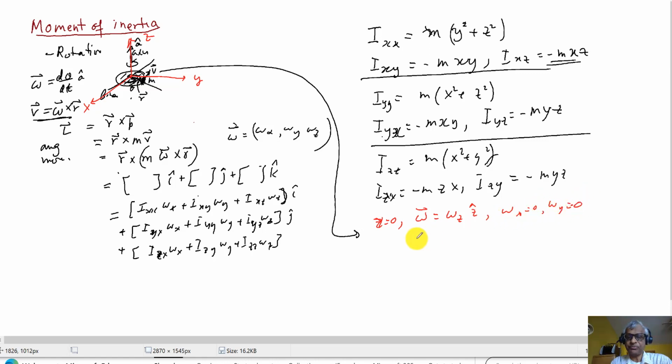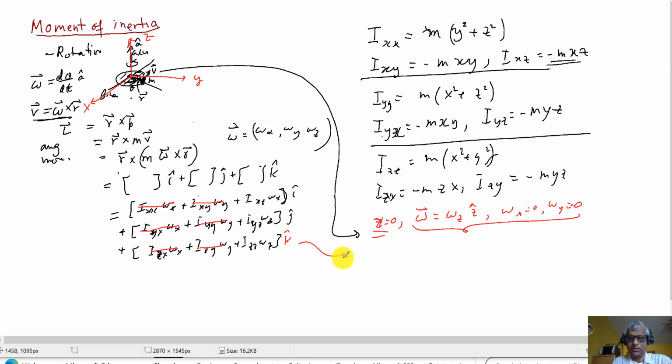So since z is 0, if you go in here for the angular momentum, we don't need these terms. So this is k hat.